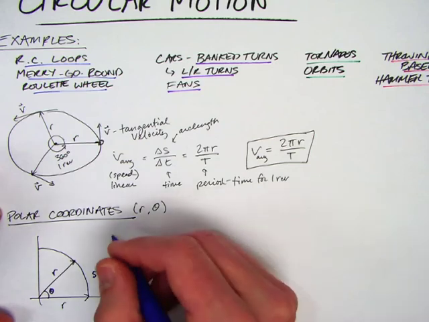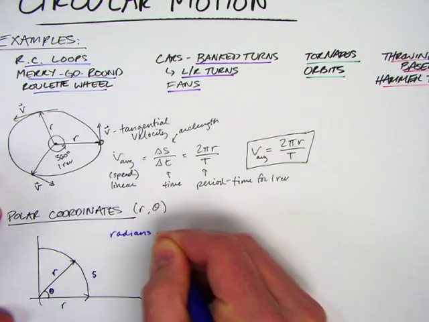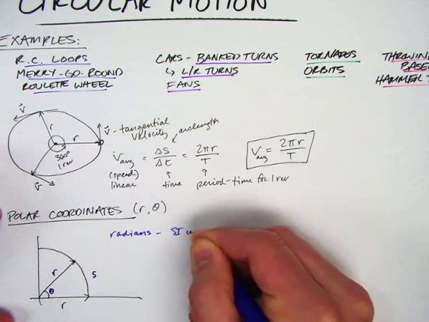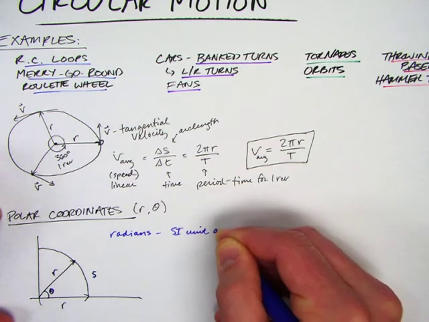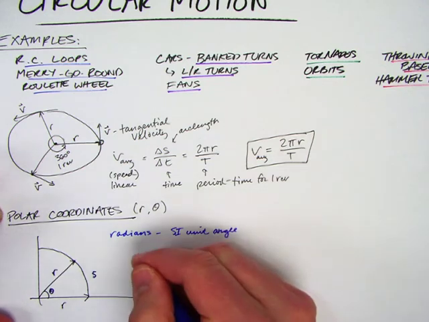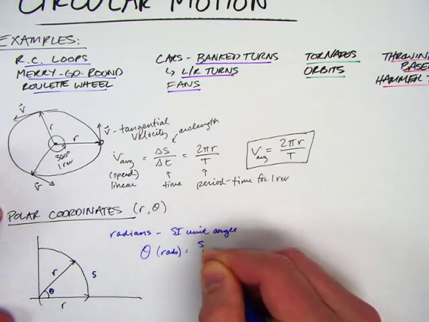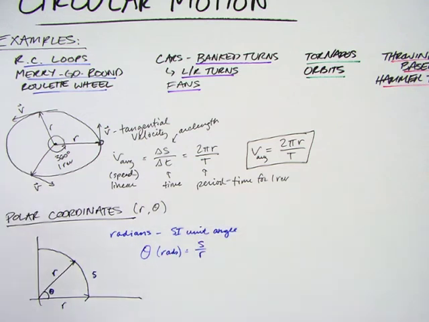One thing we do with polar coordinates is we use radians, which is my SI unit for an angle. So we're going to be going away from degrees and into radians. Well, what is a radian? A radian is essentially just the ratio of the arc length to the radius of something moving in a circular path.